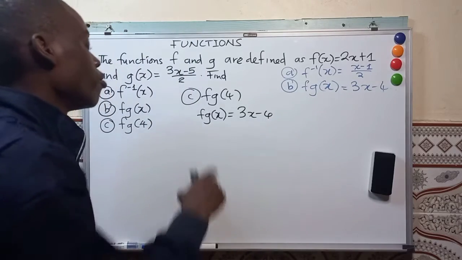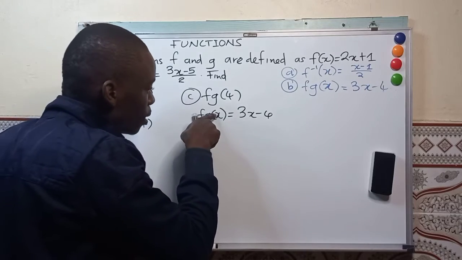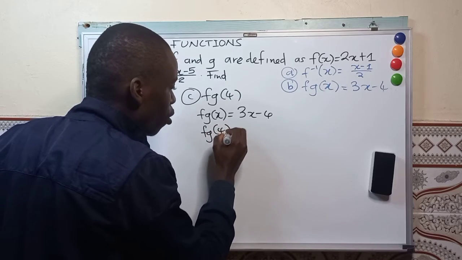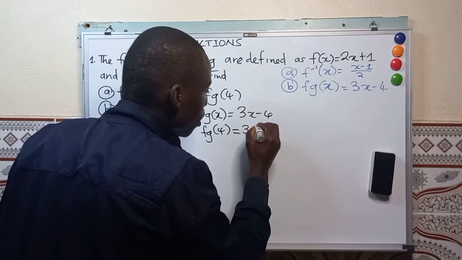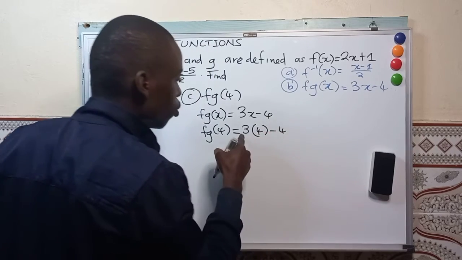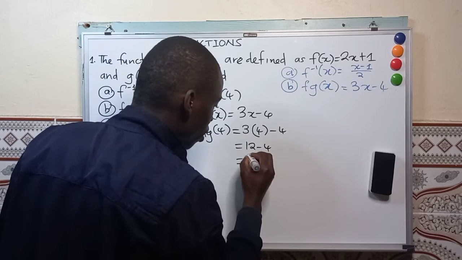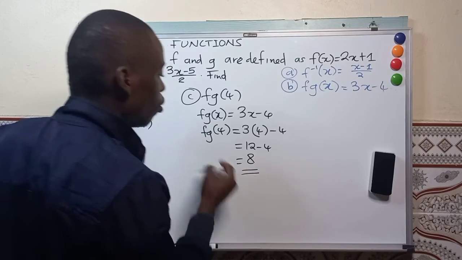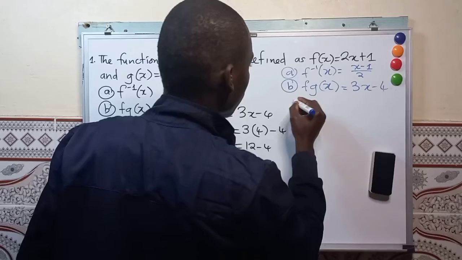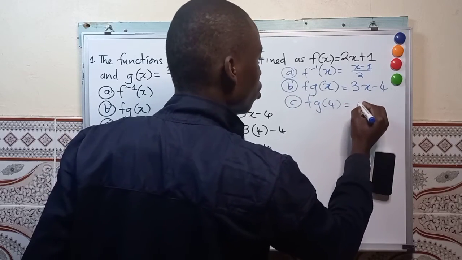So f of g of 4 is equal to 3 times 4 minus 4, which is 12 minus 4, which is equal to 8. And this is our value of f of g of 4. So our C: f of g of 4 is equal to 8.